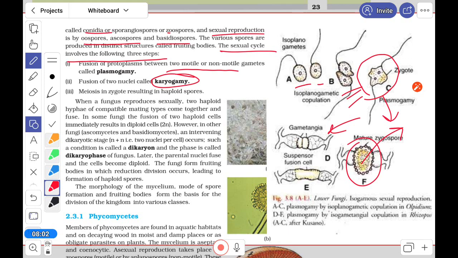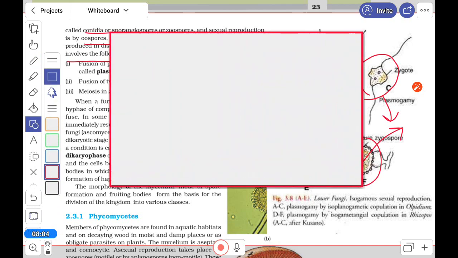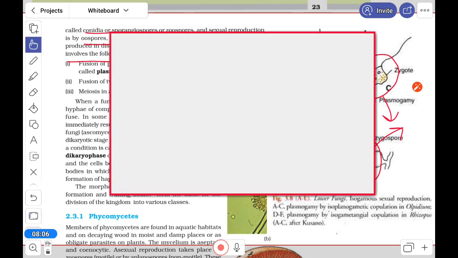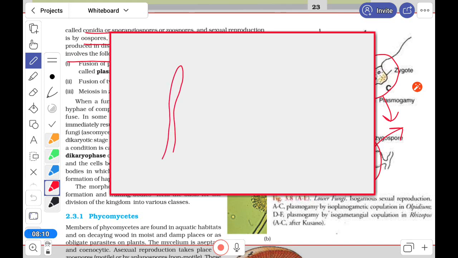Suppose here are 2 hyphae, which are haploid, N. The nucleus is there.